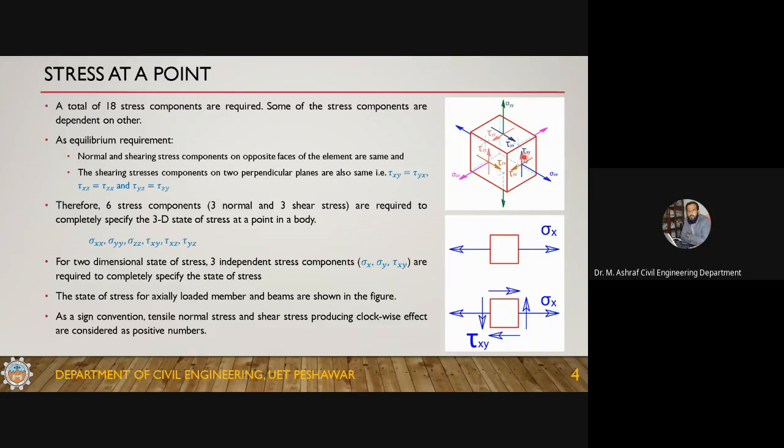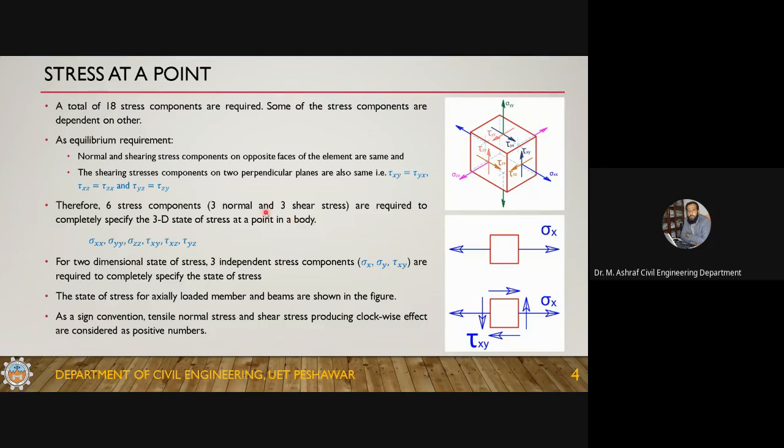The other dependency you have studied in your mechanics of solids 1: the horizontal shear is accompanied by vertical shear. You can prove this using the equilibrium requirement.